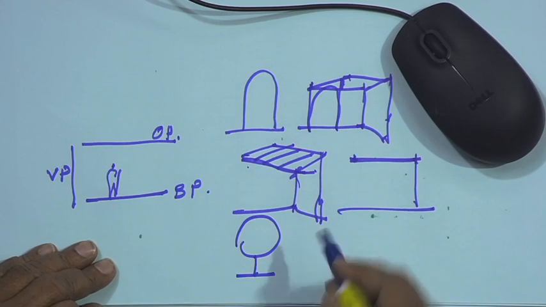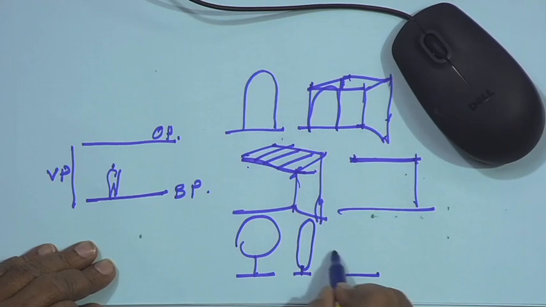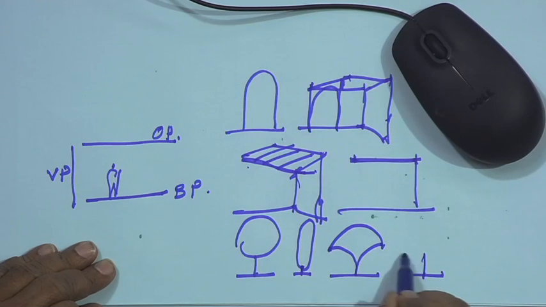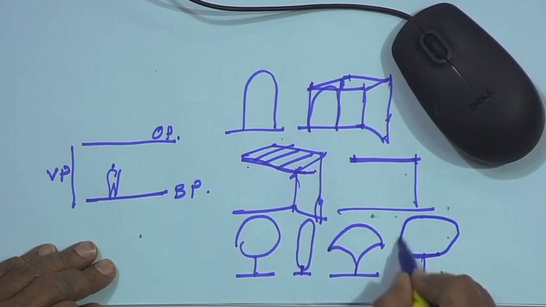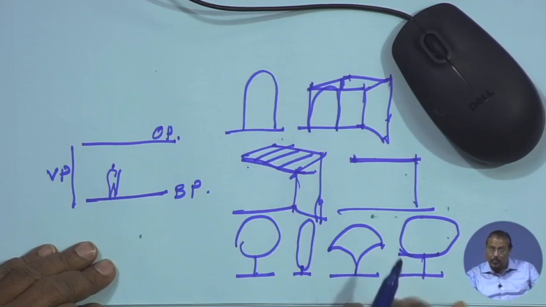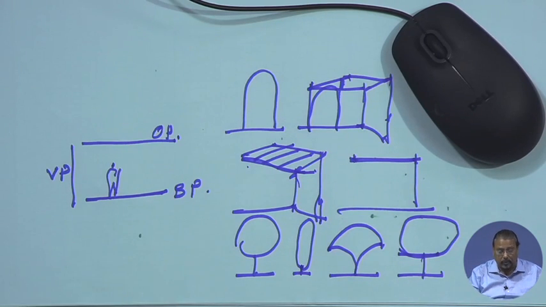Now see, suppose I have a tree of this form, or else a tree which is very well designed. When I discuss all those vegetations, an interesting discussion will emerge on these shapes and forms. But here, let us try to identify where the overt plane is.